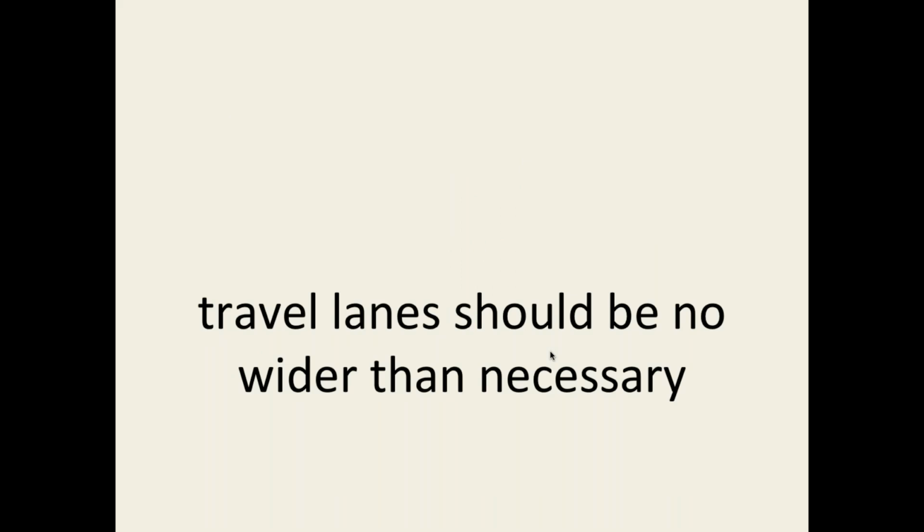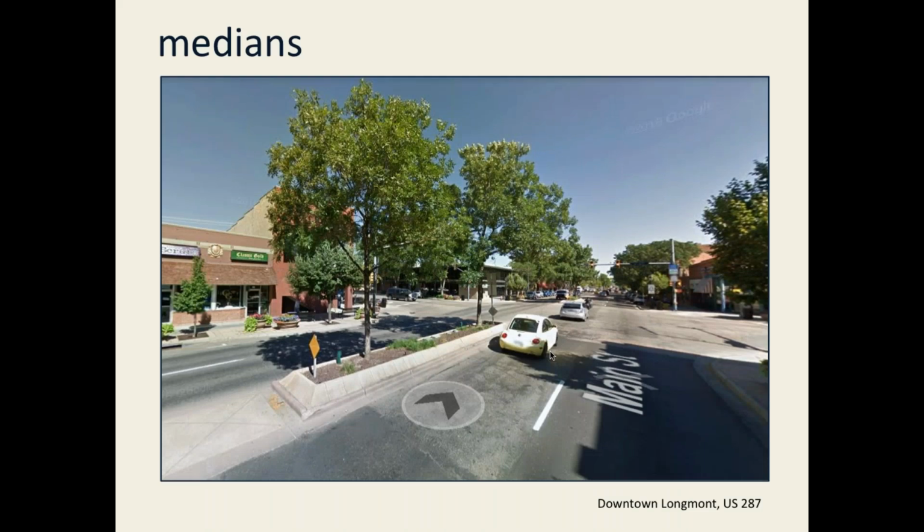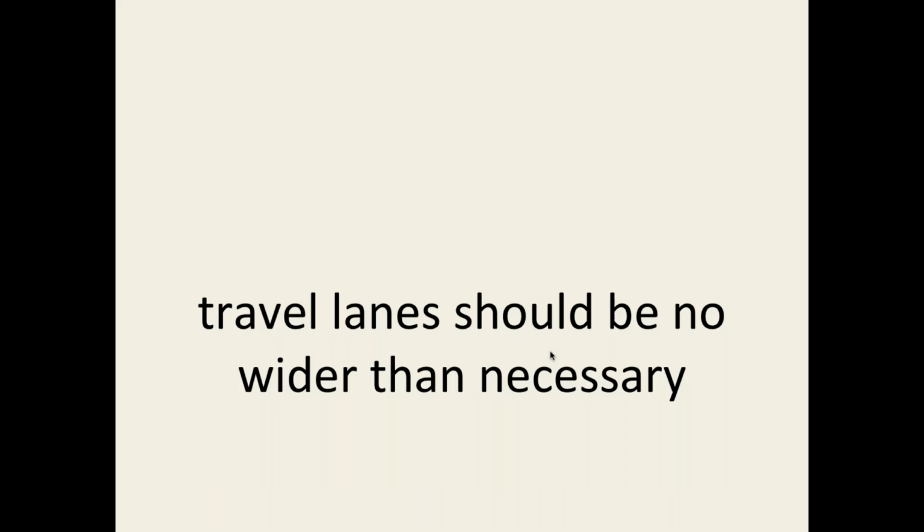The key point here is that travel lanes should be no wider than necessary. This is actually in the AASHTO Green Book, and has been since it was first written. Again, if you think back to the slide where we were showing this optimum curve, it's not a straight line, you're trying to optimize. 12-foot lanes are not necessarily optimal, so you can argue for narrower lanes.